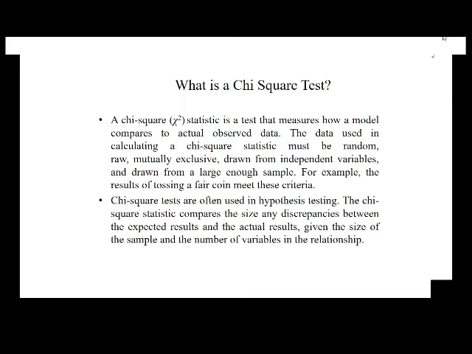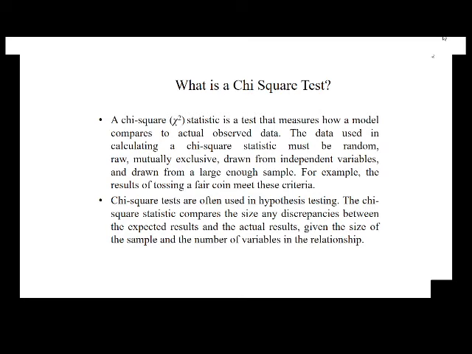It is expressed as x square is equal to sigma of O minus E whole square divided by E, where O refers to the observed frequencies and E refers to the expected frequencies. The observed frequency is given in your problem or in a particular variable. Out of this we calculate the expected frequencies.